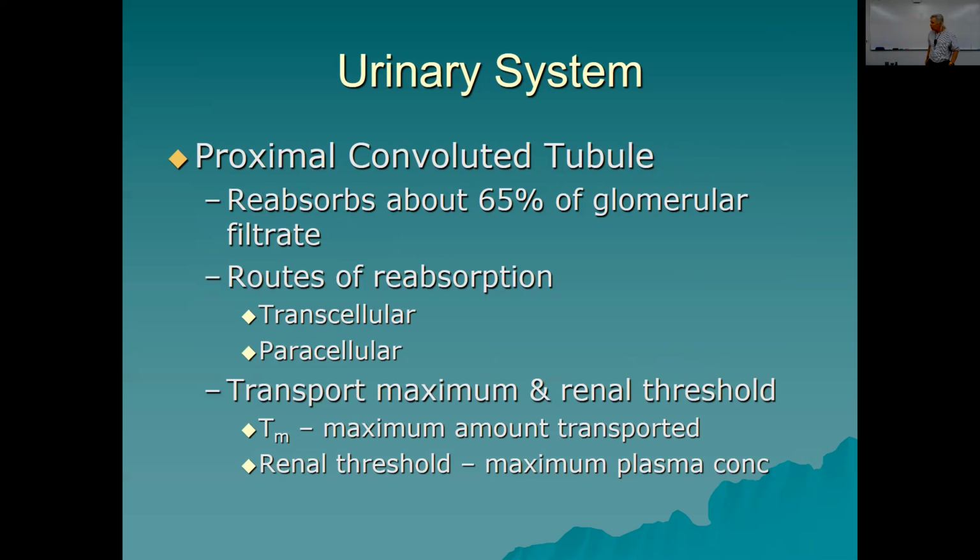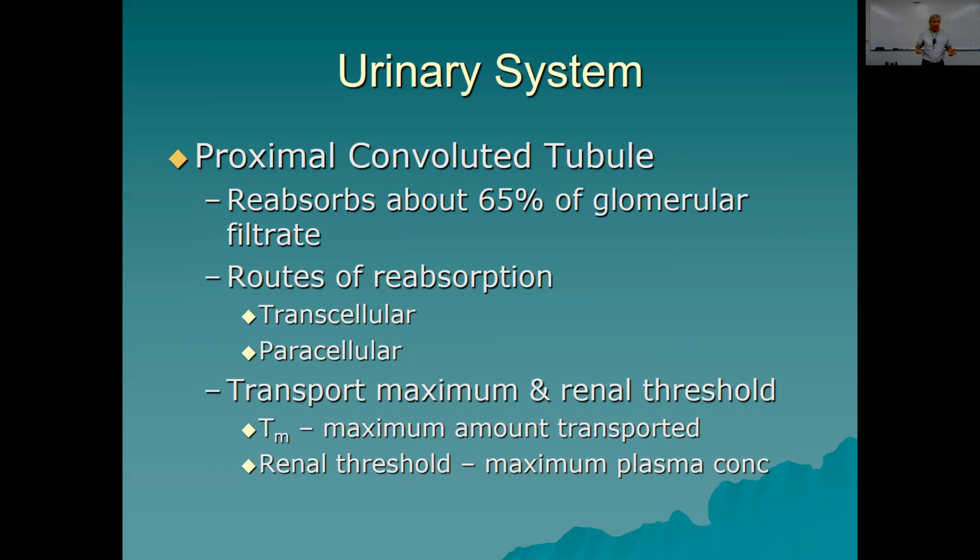Routes of reabsorption, transcellular and paracellular. Transcellular is across the cells that line the tubule, and paracellular is between the cells. Transport maximum, renal threshold. Transport maximum is the maximum amount transported.